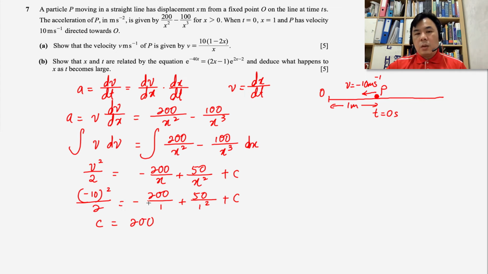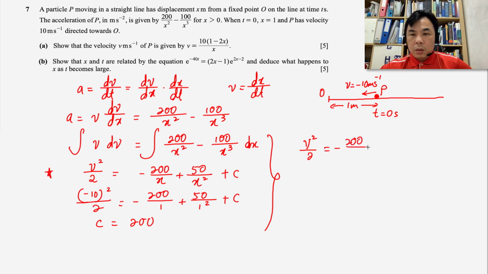You can check that out, it's very obvious. And then from here, we are going to conclude our relation between velocity and displacement. That is v squared over 2, as indicated here, is equal to negative 200 over x plus 50 over x squared plus 200 here. Now that's what we have currently.